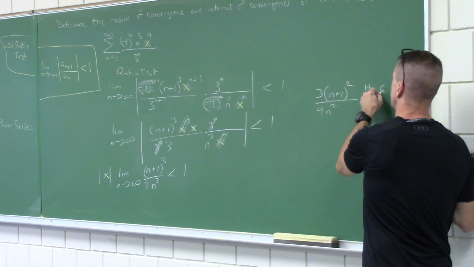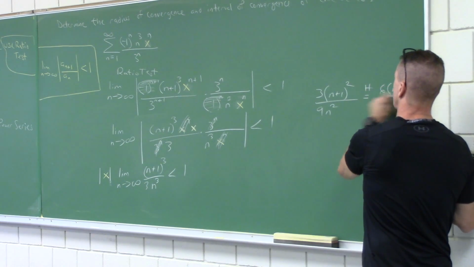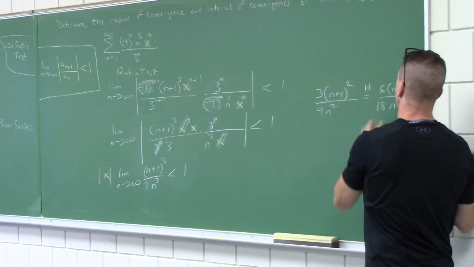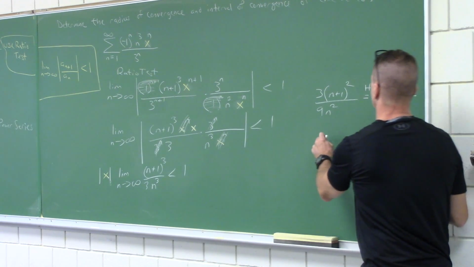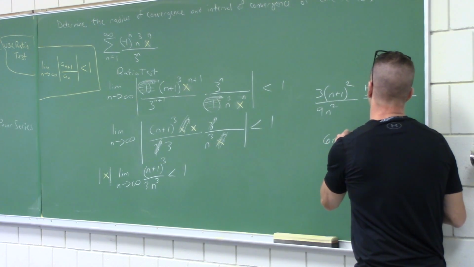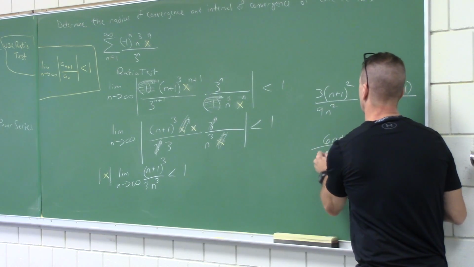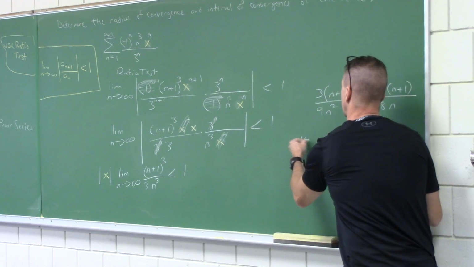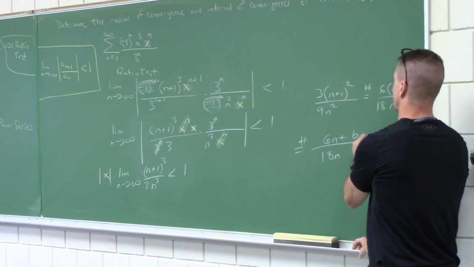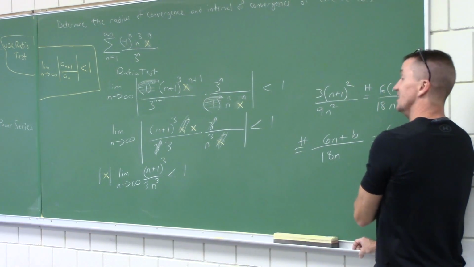What do you get? 6 times n plus 1. What's the derivative of 9n squared? 18n. I still get infinity over infinity, so now take the derivative of the top and the derivative of the bottom. I'm just going to keep doing L'Hopital's rule here. What's that derivative? 6 over 18. Which is?